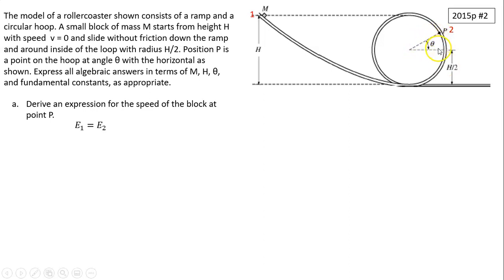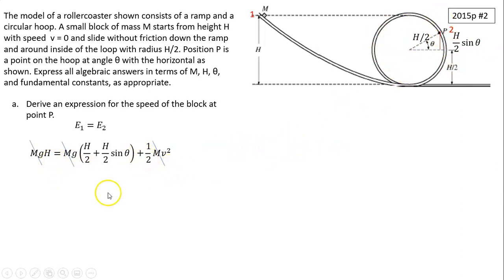This side in the triangle is the opposite of theta, so this side equals h over 2 times sine theta. So the height at point 2 is h over 2 plus h over 2 sine theta, plus the kinetic energy at that point. The two added together is the height at point 2.